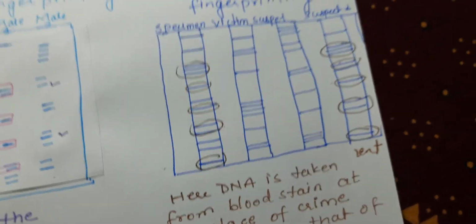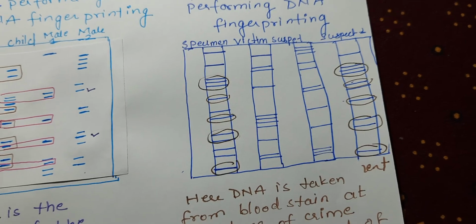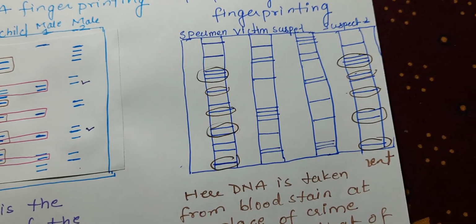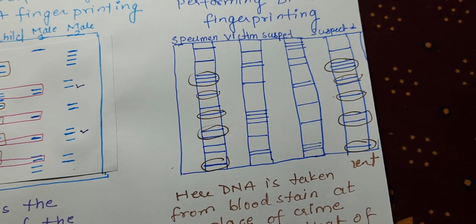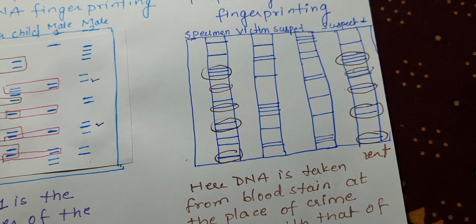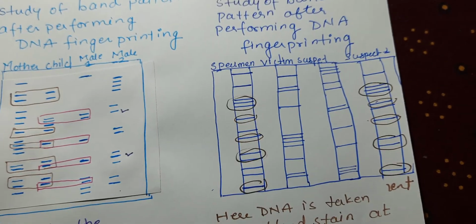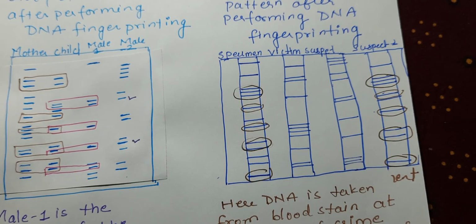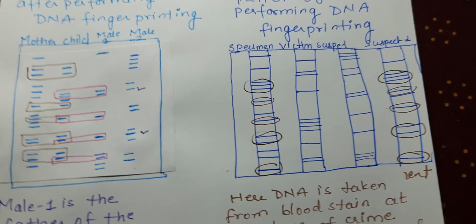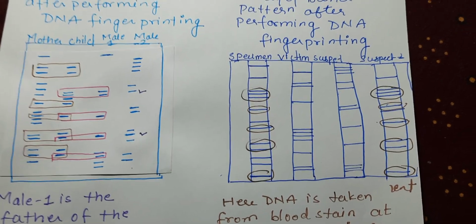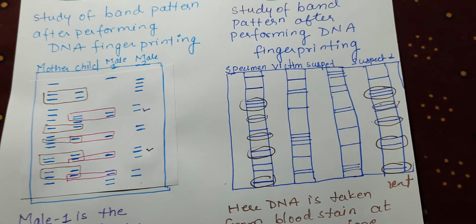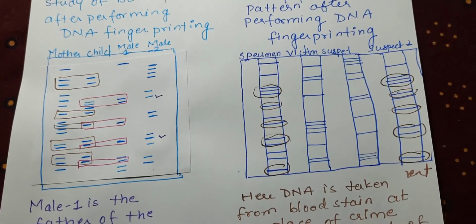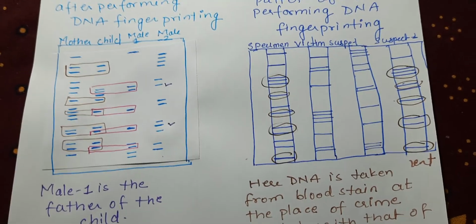So this is how DNA fingerprinting based on the band pattern helps to identify a person. This band pattern comes from RFLP, which identifies the variations in the tandemly repeated DNA.